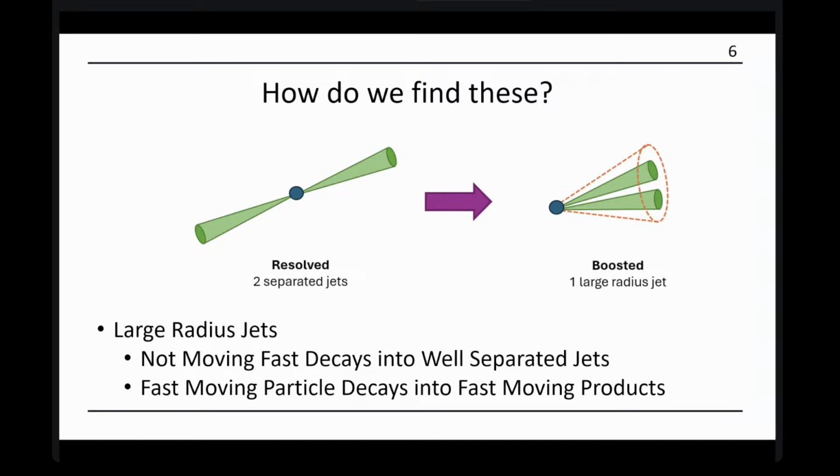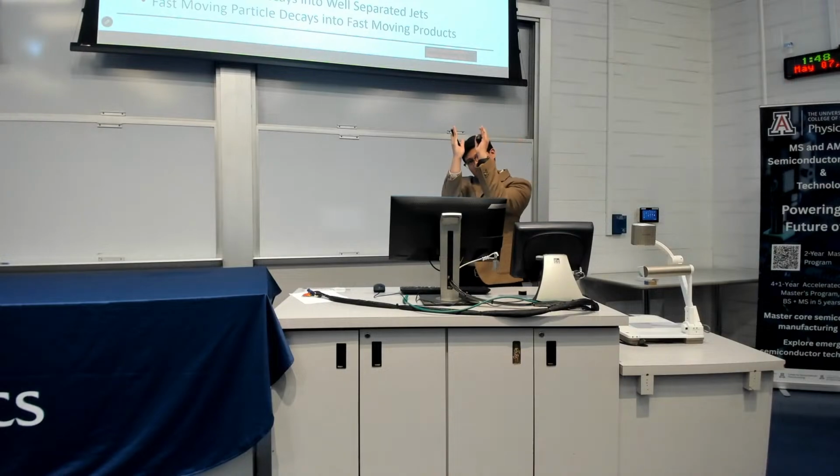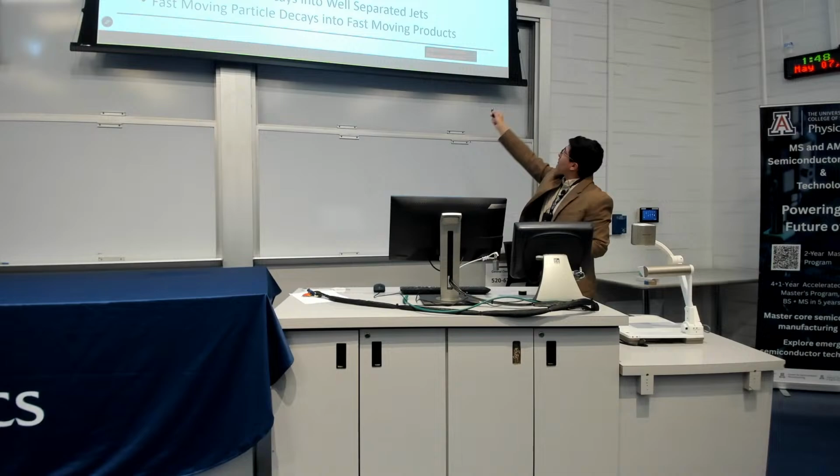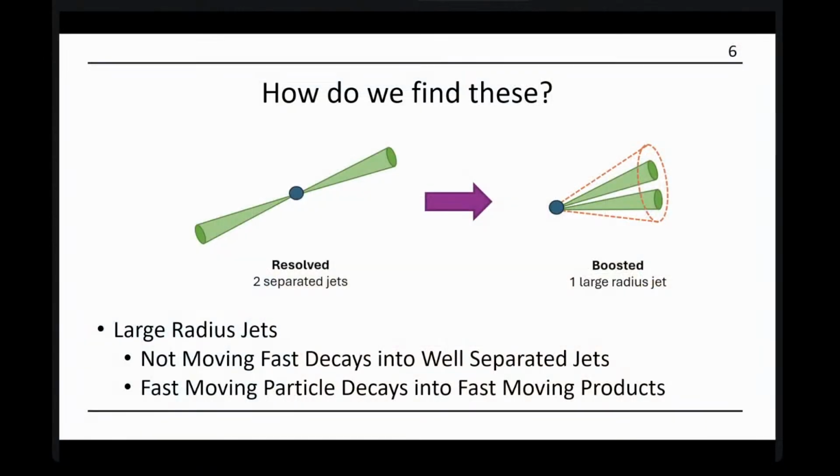Picture this going like this, for those who can see me. So this large radius jet is a result of these two jets smushing together and overlapping. When they're not very fast moving, we get these resolved jets, and when they're very fast moving, we get these large radius jets.